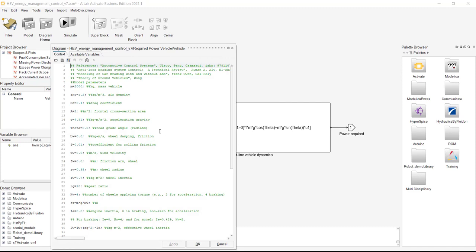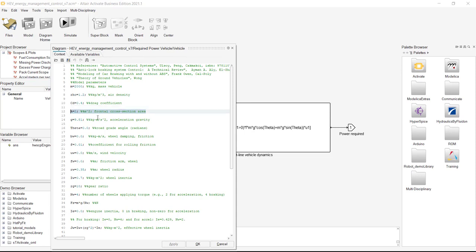This is some syntax that provides us the model parameters that are used inside this equation for the vehicle dynamics. The vehicle dynamics will output the power required to maintain our forward drive force. So the model parameters consist of things like the mass of the vehicle, the air density, the drag coefficient, things that we remember seeing in our force equations, right?